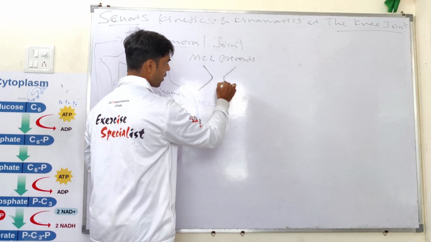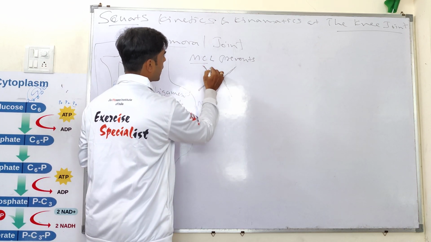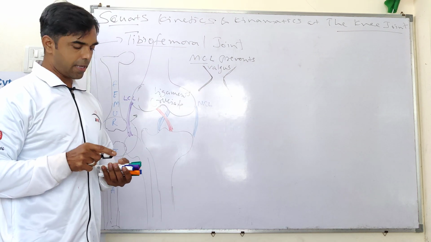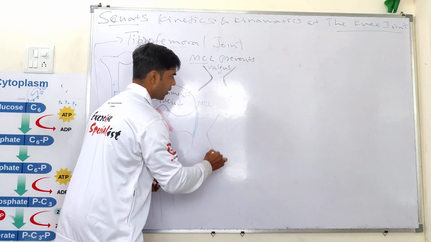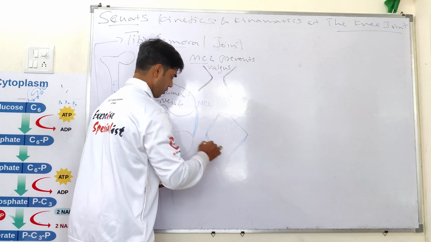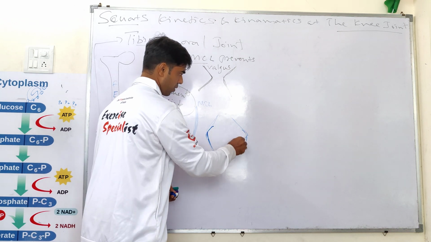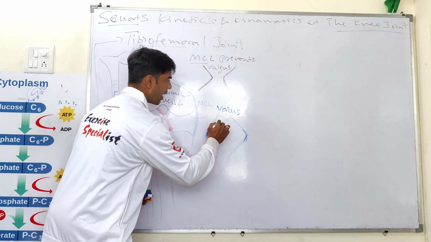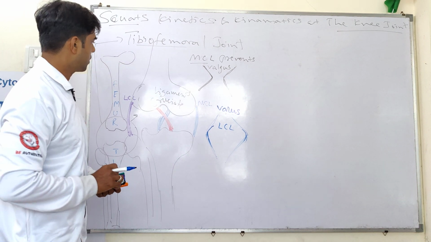While squatting, if your knees are going inward, that valgus is prevented by the MCL, and the varus, knee going outward, is prevented by the LCL, lateral collateral ligament, right?